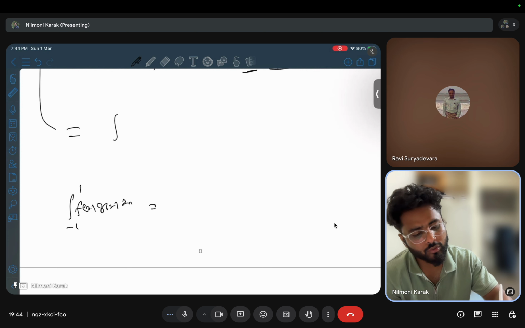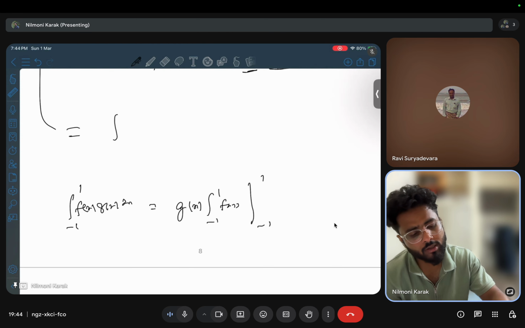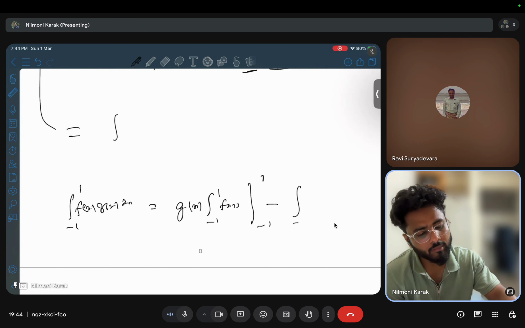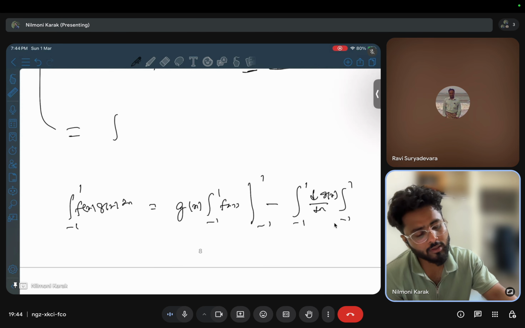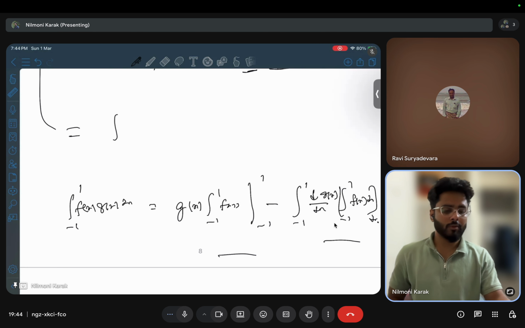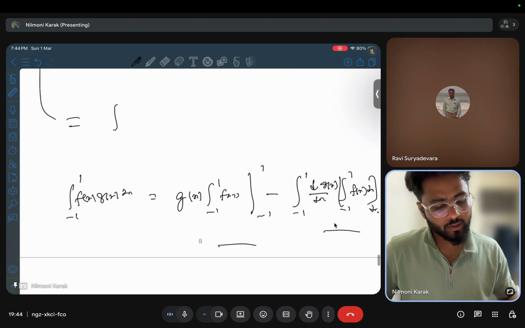Minus 1 to 1, so g(x) times f(x) dx, so basically g(x) integration, minus 1 to 1, and minus 1 to 1 of d g(x) dx times the integral of f(x) dx. These are the rules of by parts.